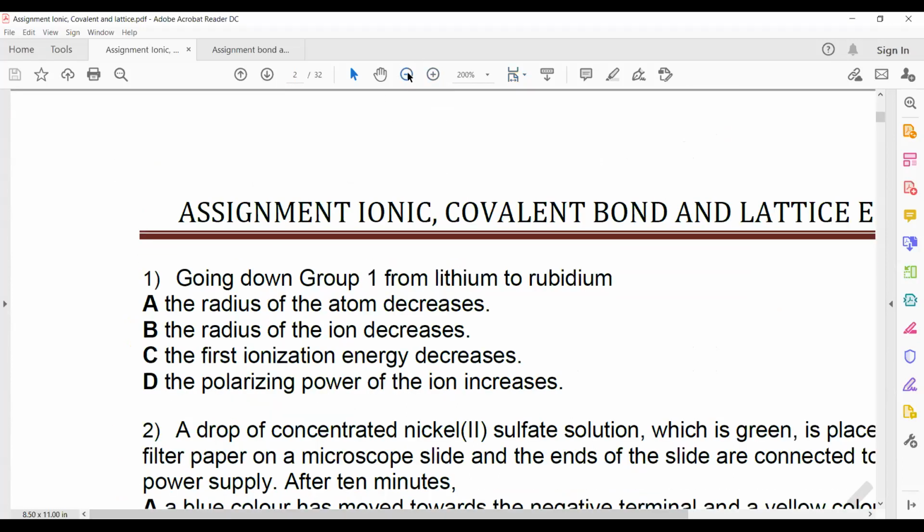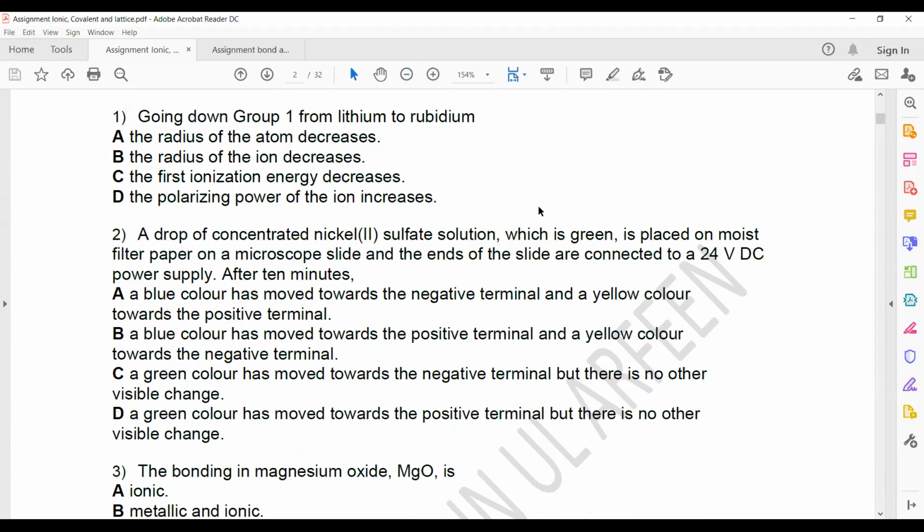Okay, in this question, going down group 1 from lithium to rubidium, what will we observe? Which one is the correct answer? Everyone should participate in this because it shows your understanding of the topic.